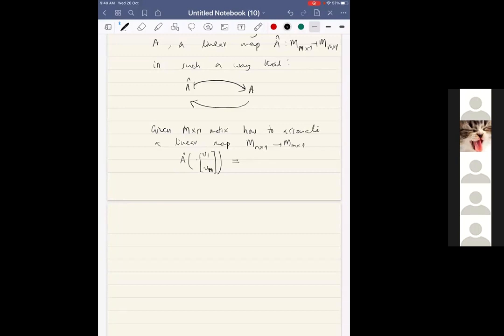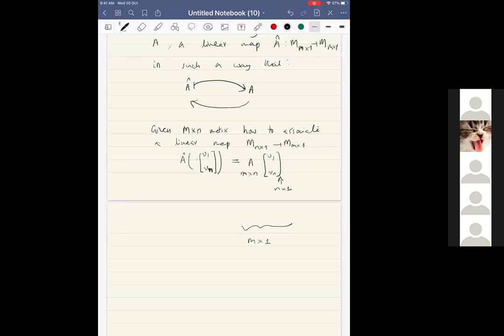This time you are not given the linear map, you are given the matrix. So how do I get a column vector of length m starting from a column vector of length n and an m cross n matrix? Multiplication. Well, multiply. So this is A, an m cross n matrix, and multiply the column vector of length n, which is an n cross 1 matrix. This product will be an m cross 1 matrix, because that is how matrix multiplication works.